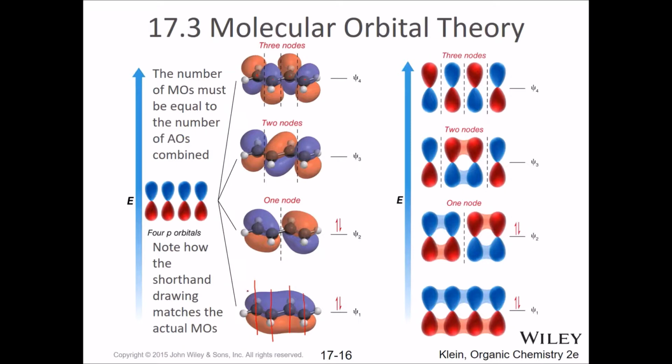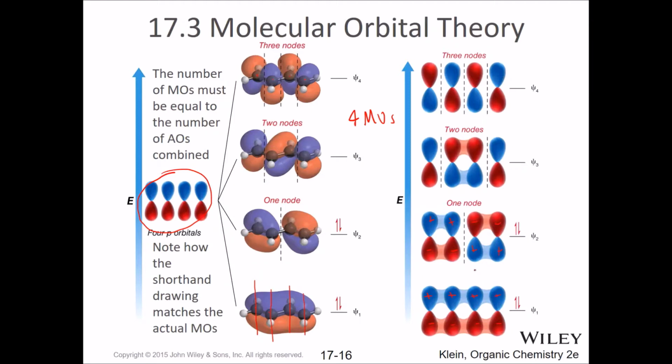If you take 4 unhybridized p orbitals and you mix them, you're going to get 4 molecular orbitals. In the lowest energy molecular orbital, all of the phases are parallel: phase up, up, up, up, or down, down, down, down.